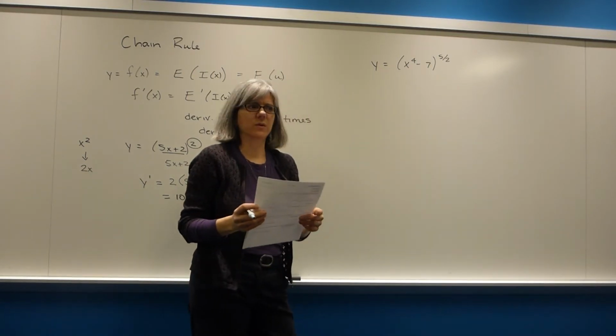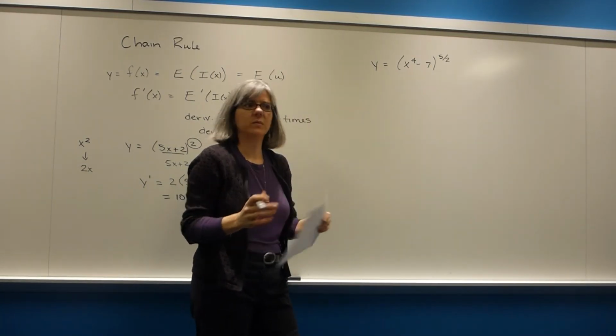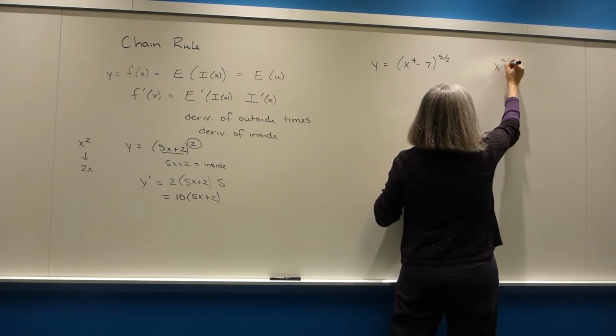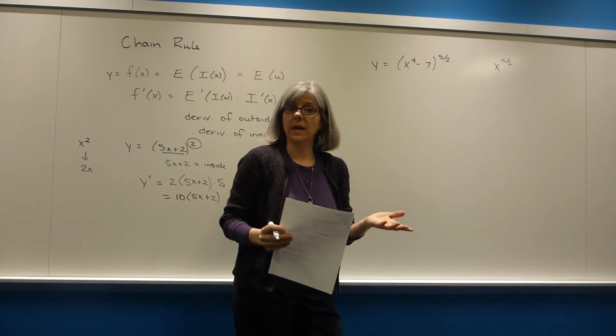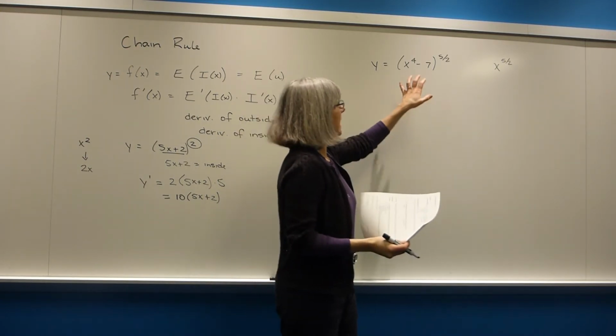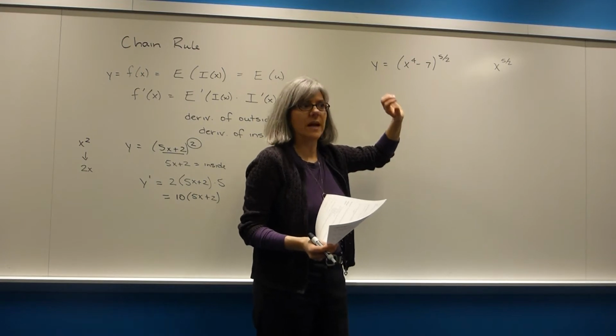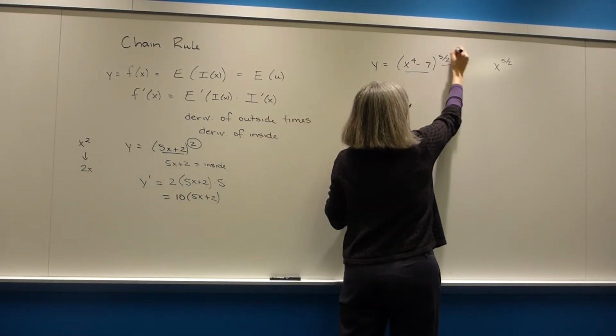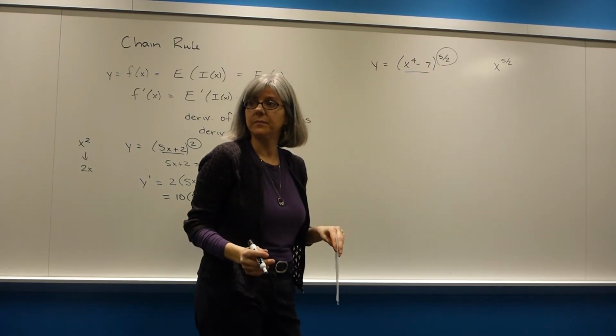It's not something we really have to deal with much, and that will just make it clear where all the numbers come from. So I'm looking at this. If I had this, do I know the derivative of x to the 5 halves? Yeah, that's a plain old power rule, very easy. Do I have x to the 5 halves? No, I have something to the 5 halves. So something is my inside, to the 5 halves is my outside.